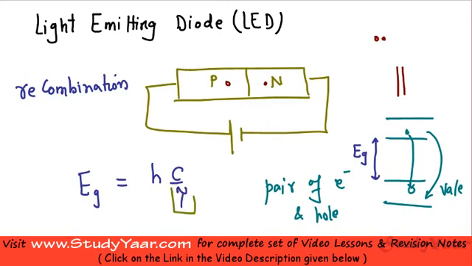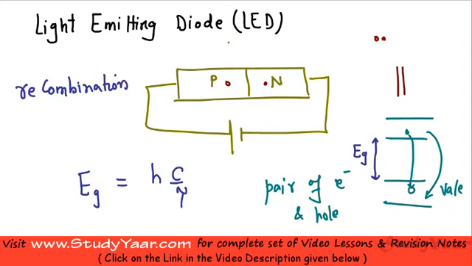Depending on this lambda, if this happens to be in the visible region, you can actually see light being emitted. So that's the concept of a light emitting diode that is operated in the forward bias configuration. It works on the principle of recombination of holes and electrons, due to which energy is given out and light of specific wavelength is seen.